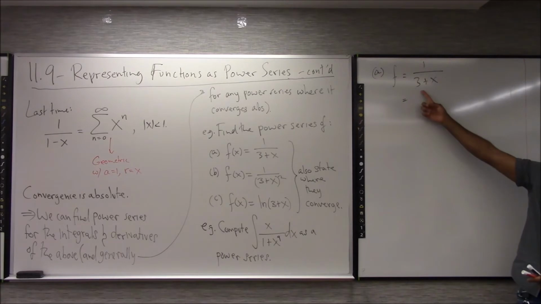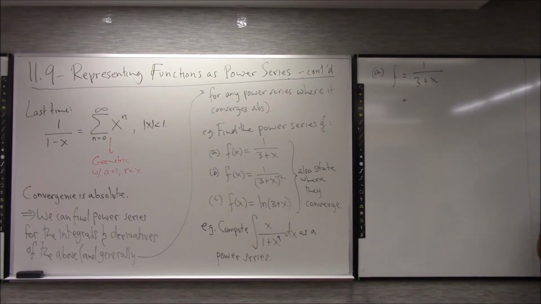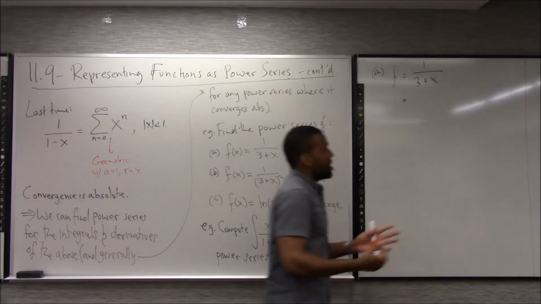Well, how could I make that 3 into a 1 without actually changing any values? Yeah? Take 3 out and then do it 1 minus 1/3? Yeah, I mean, it's regular algebra, isn't it? It's not really a trick question, it's just what algebra techniques you can use.